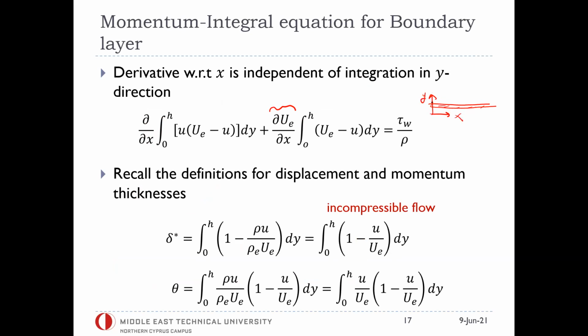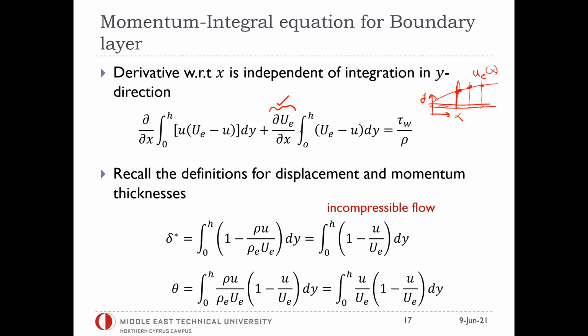If this is our boundary layer, at different x locations we could have different U_H values. So U_H is a function of x. But at any fixed x location, we have one U_H value. That U_H does not change with y, which means we can take this term outside the integral. We did that here, as you can see.